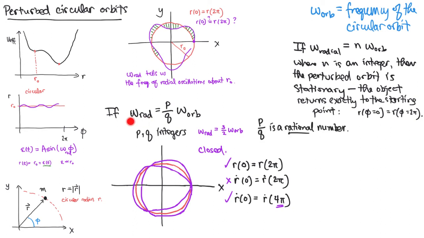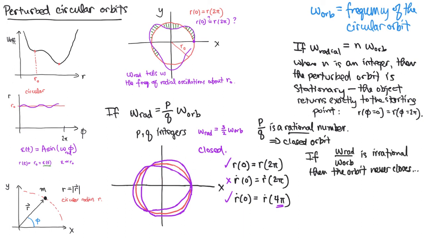So if the radial oscillation frequency is an irrational number multiplied by the orbital frequency, then you'll never close the orbit. So if this ratio, omega radial over omega orbital, is irrational, the orbit just will never close, and you'll get something that looks like this.